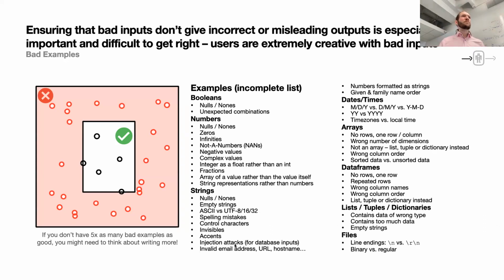And then things like names. Names are really complicated. So if your code is expecting to get first name, last name, but the person that you're speaking to or working with uses last name, the family name and the given name in a different order, then that's something that you'll want to think about.